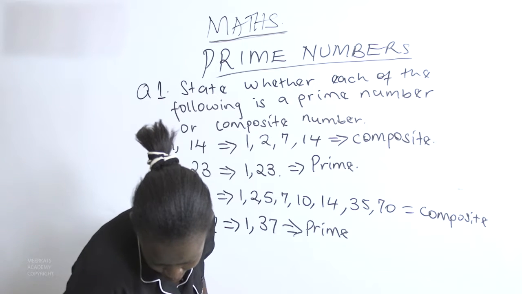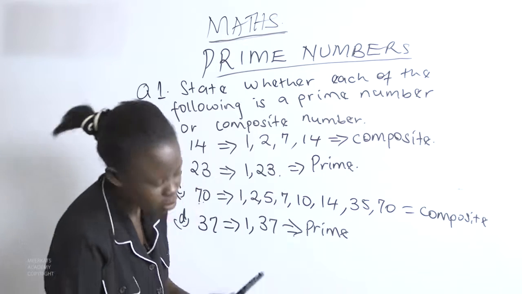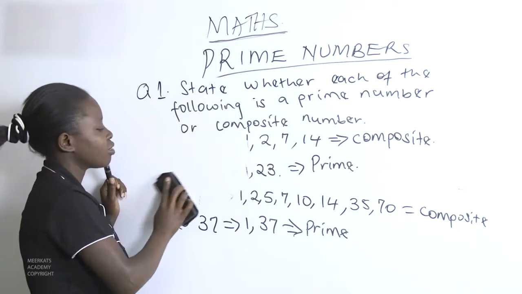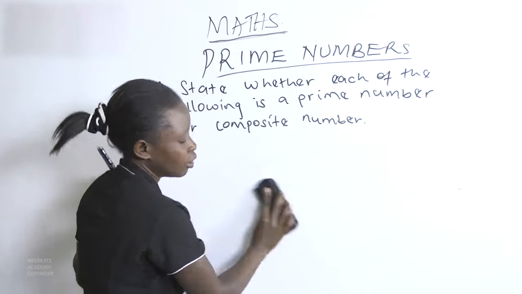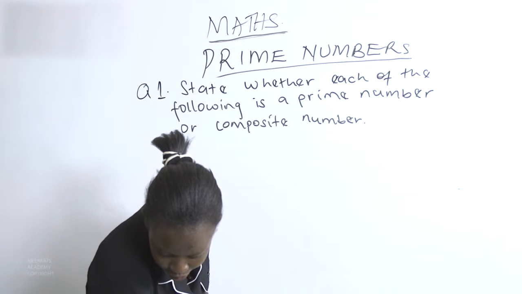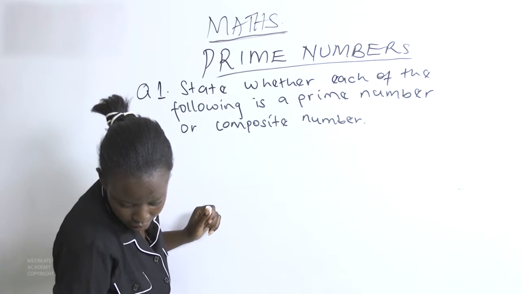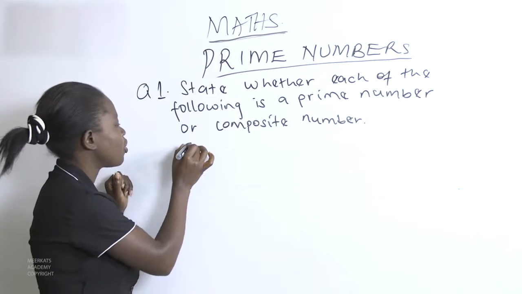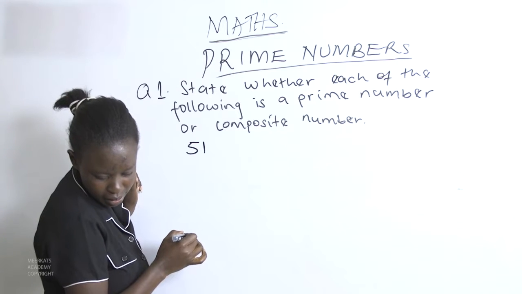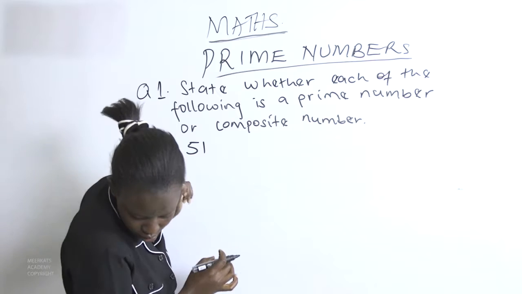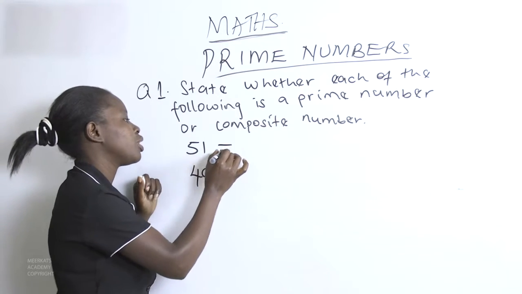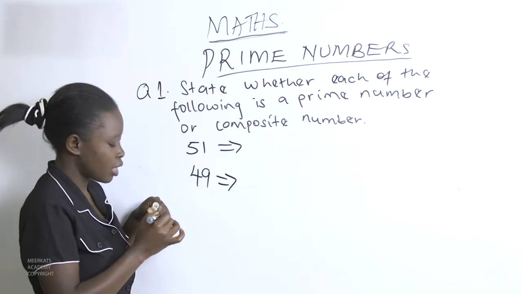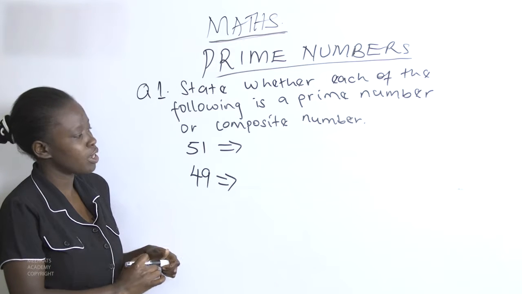Then we have so many other numbers that we can test with, but let us just work out the last 2 numbers we have: 51 and 49. So we need to find out, is 51 a composite number or a prime number?